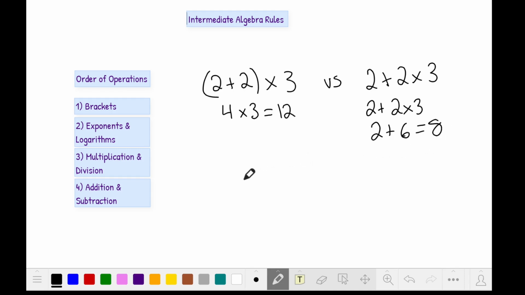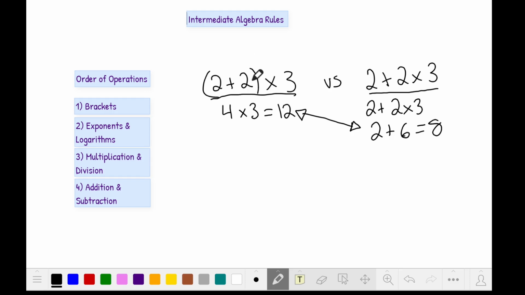And look at that. We have this weird situation where even though these two expressions look very similar, we get completely different answers. So we can see how the brackets make a very big difference.